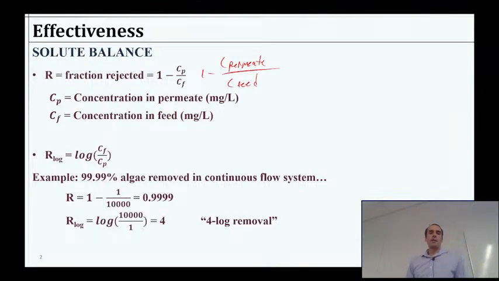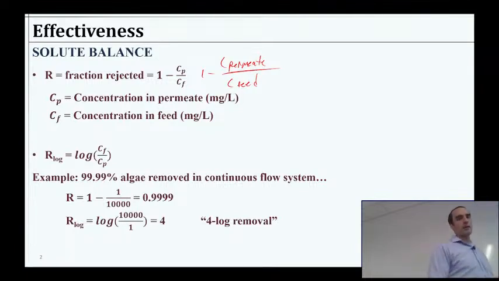Okay, another way we can describe this is just a reformulation of the same concept. For cases where we want to deal with something like 99.9999% rejection, but that's kind of cumbersome to say, we could say R log.